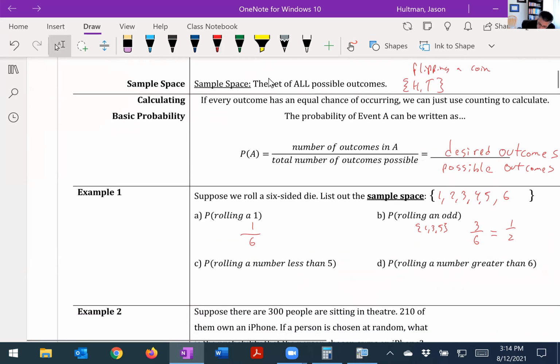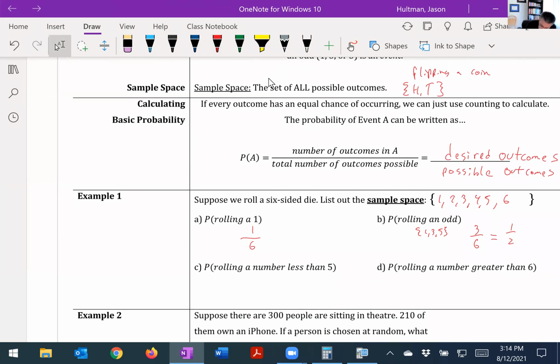What's the probability of rolling a number less than 5? Well, again, what's my event space? It's 1, 2, 3, or 4. Those are the desired outcomes over the total outcomes. So there's 4 out of 6 total outcomes. So what's the total outcomes? It would be just my sample space, all the possible outcomes: 1, 2, 3, 4, 5, 6.